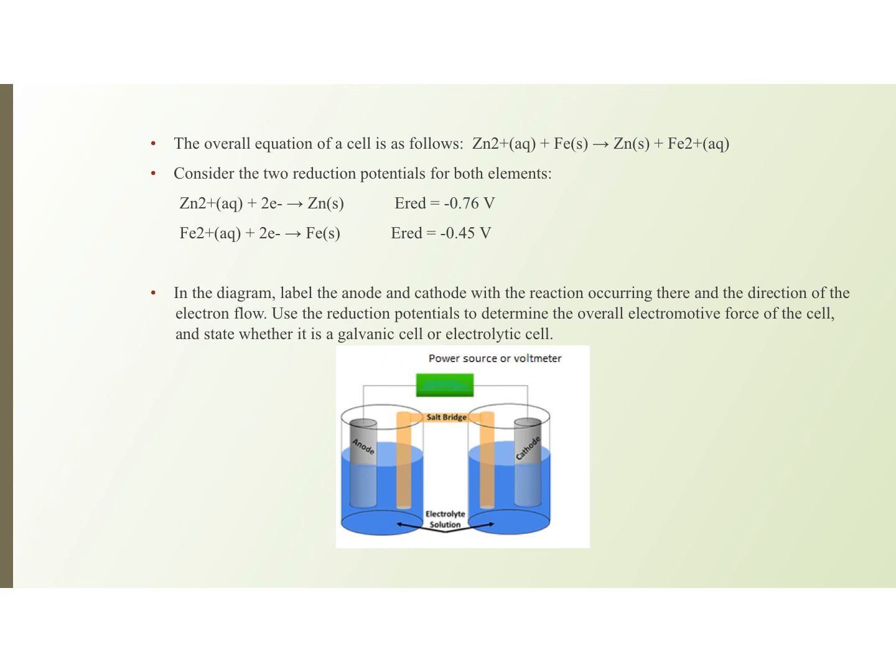Take a moment to study the overall reaction, determine what is being oxidized and what is being reduced, and then adjust the reduction equation to reflect what is happening in this equation. Go ahead and pause the video and see if you can do that process.